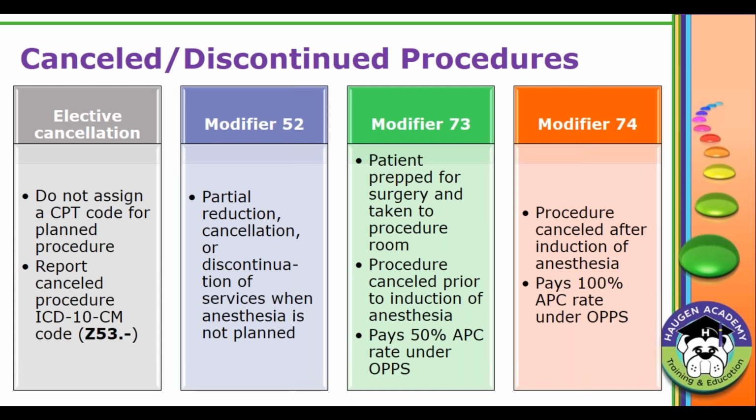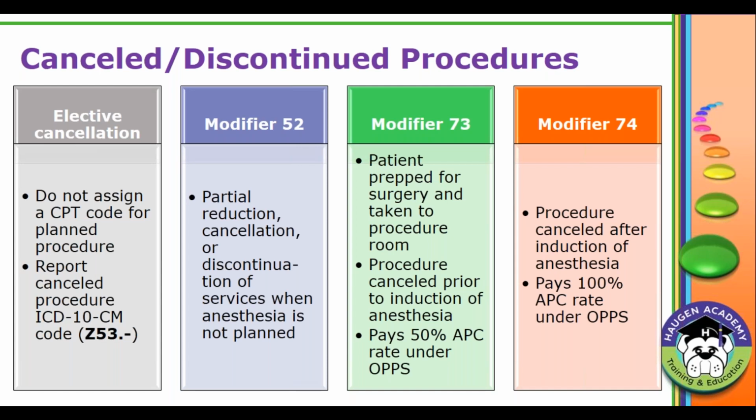Modifier 52 is partial reduction, cancellation, or discontinuation of services, again, when the anesthesia is not planned. Modifier 73 means that the patient was prepped for surgery and taken to the OR or the procedure room, but the procedure was canceled before they could induce anesthesia. What this modifier does to your OPPS payment is it reduces the APC rate by 50%.